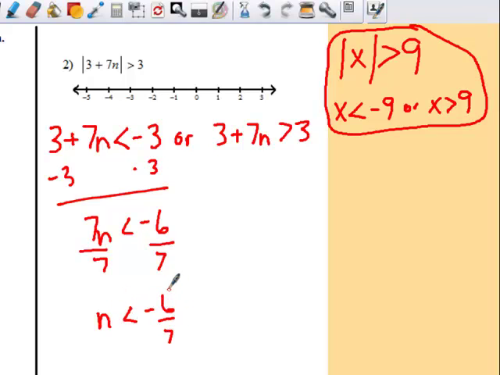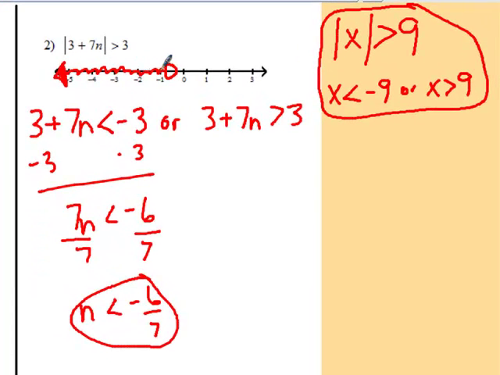-6/7. So to graph that, we go up here. -6/7 is very close to -1, so I'm going to have an open circle, and it's going to be anything less than, so we're going in this direction. And what you're going to see is the majority of these greater than problems will be a disjunction. Your solutions are going to be going in opposite directions.